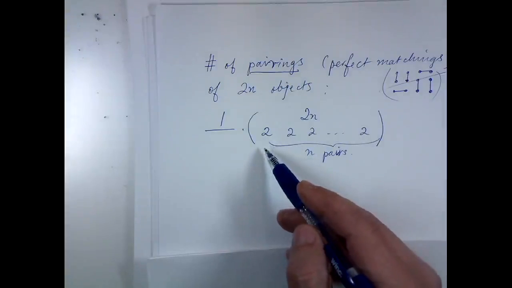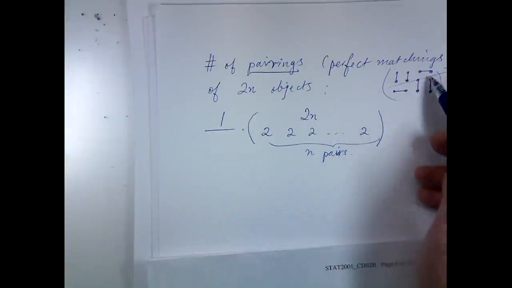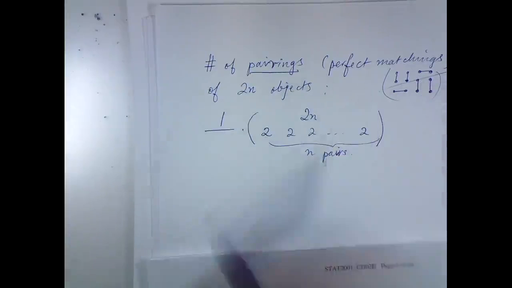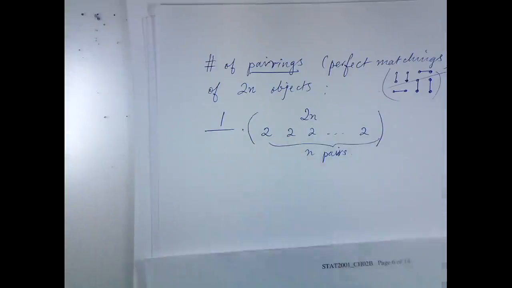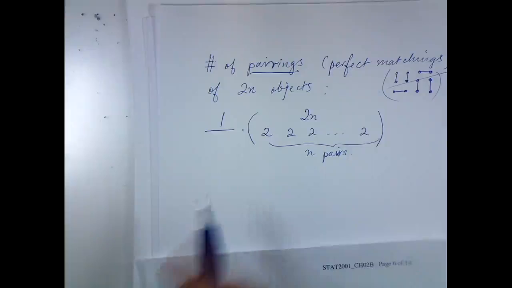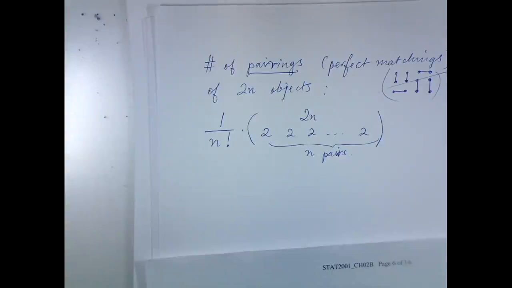So that's a labelled pairing of 2n elements into one pair labelled A, one pair labelled B, and so on. So that's clearly over-counted the correct number of pairings, because the pairing where this is called A and that's called B should be the same pairing as where this is called B and that's called A. So we divide by the total number of ways of permuting the pairs among themselves. How many pairs are there? N. So it's 1 over n factorial times this. It's the number of perfect matchings.